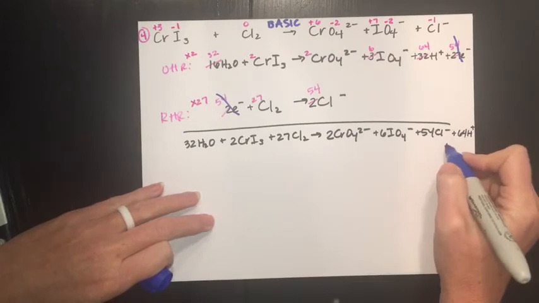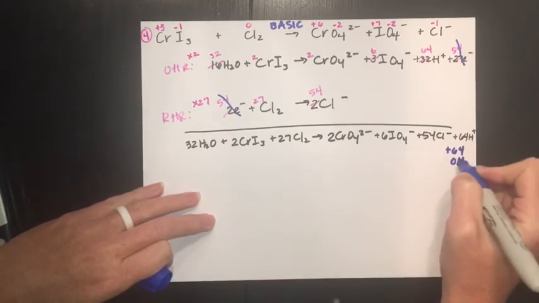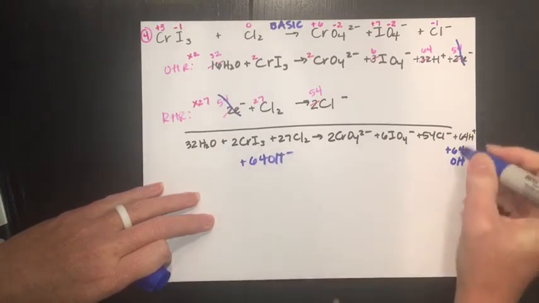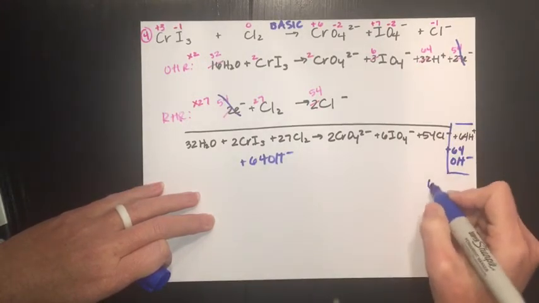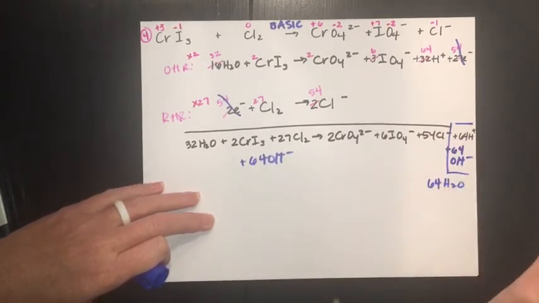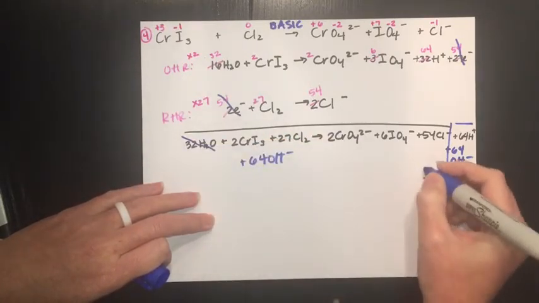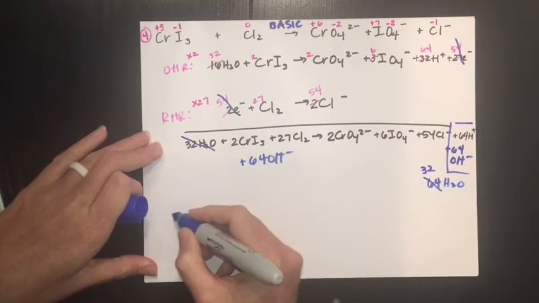Add 64 hydroxide ions to both sides. When you add these together, you get 64 water. So we cancel out all 32 of these water, and this becomes 32.